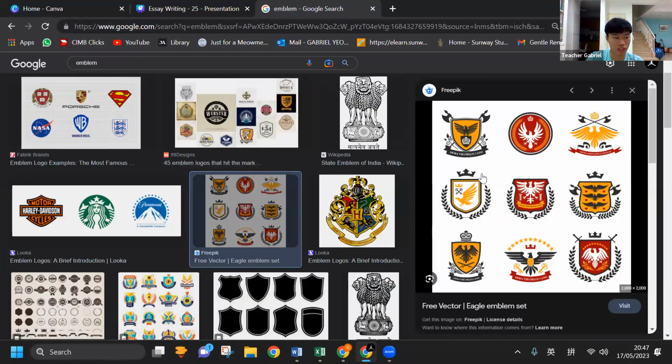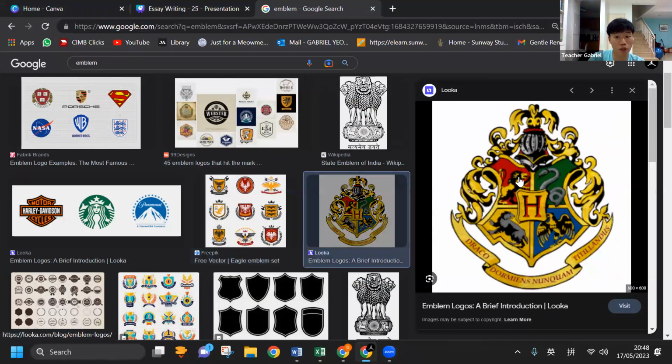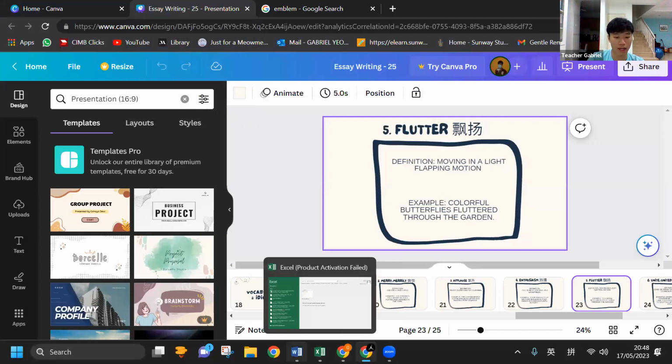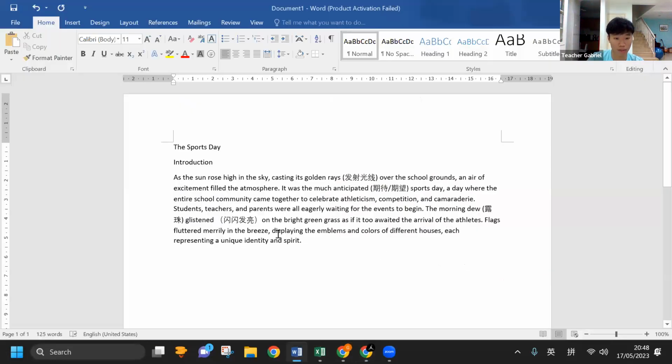I forgot what it is in Chinese, but logo, something like that, we call it emblems. 好像你看那个 Harry Potter, 有这些 house, 那个 lion, 这些都是它的 emblem. So yeah, something like logos. Emblem or logo.